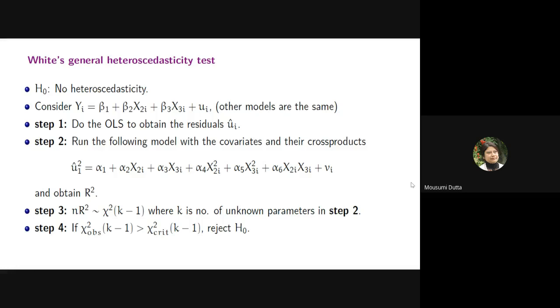Step 1, do OLS to obtain the residuals, ui hat. Always this will be the thing. In case of graphical analysis, this is the standard practice. In most of the formal methods, you have to start with finding the residuals. Step 2, run the following model with the covariates and their cross products.